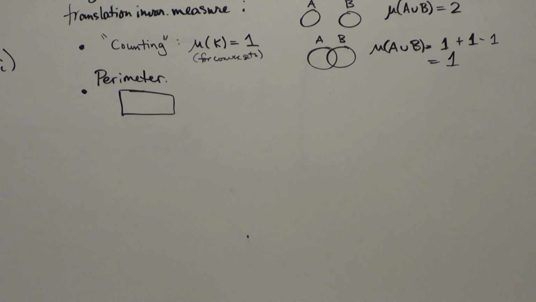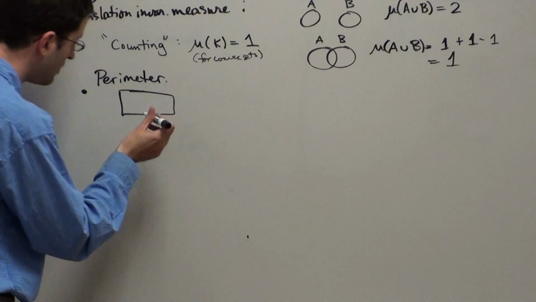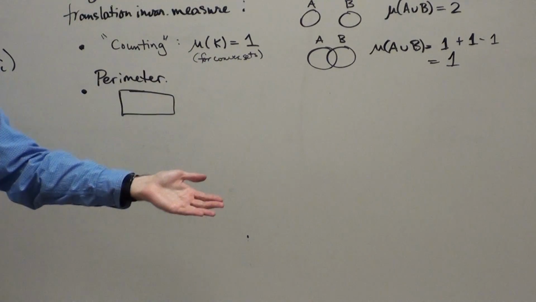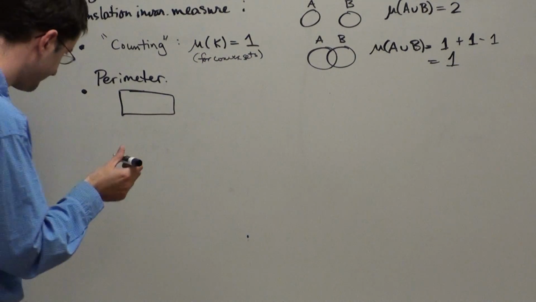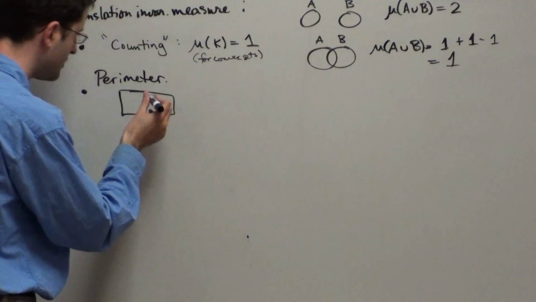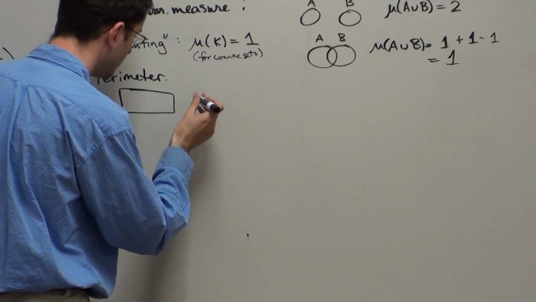So let's check this guy out. If I have perimeter, okay, that's clearly invariant again. That's translation invariant. Rotation, reflection, yeah. Does that too, even. So perimeter will work.